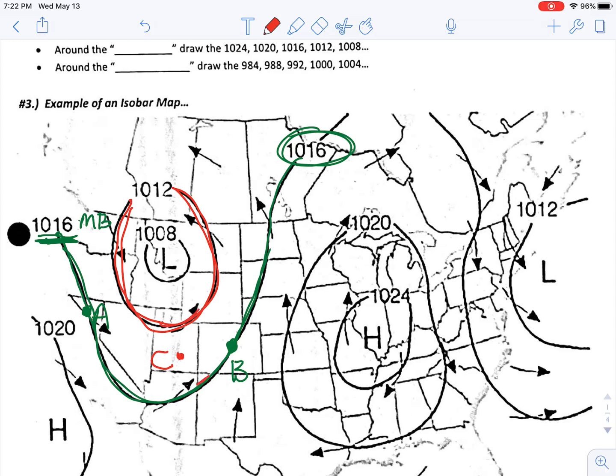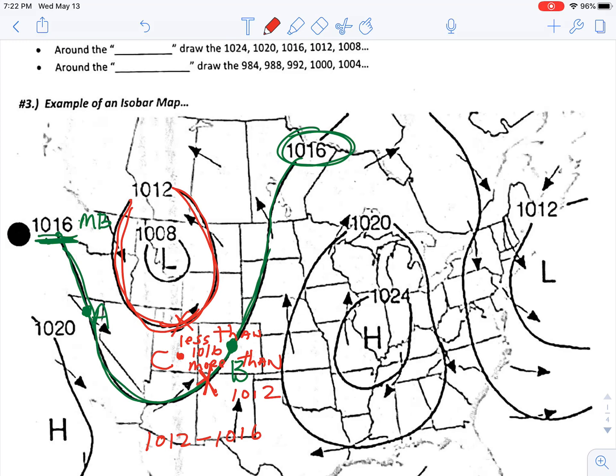We know it's not 1012 because it would be on the line. We know it's not 1016 because it would be on the line. So city C is less than 1016, but more than 1012. It's somewhere in between, in a range from 1012 to 1016.